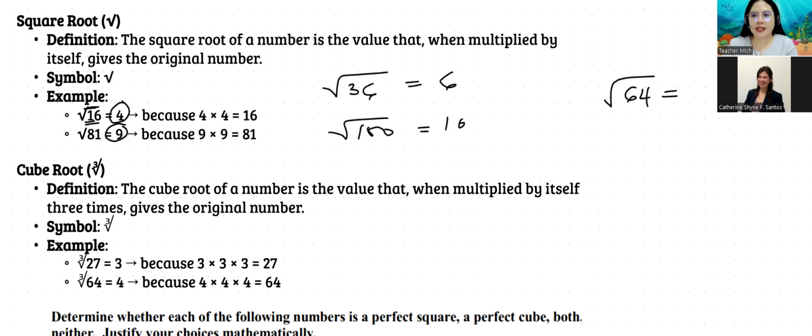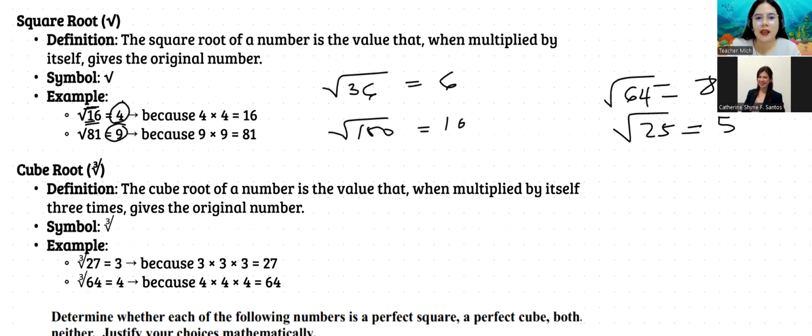Very good. That is 8. How about this number? Think of a number that when you multiply twice by itself, the result is equal to 25. 5. Very good. That is 5.